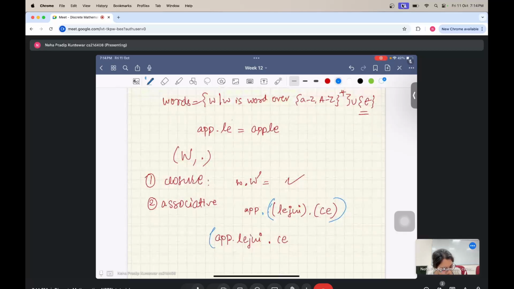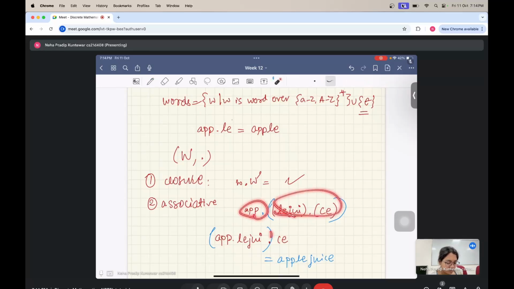Then I get back the same thing, which is apple juice. So it does not matter in which order I do it, I am going to end up with the same string. So this is indeed associativity. This follows from the property of strings.